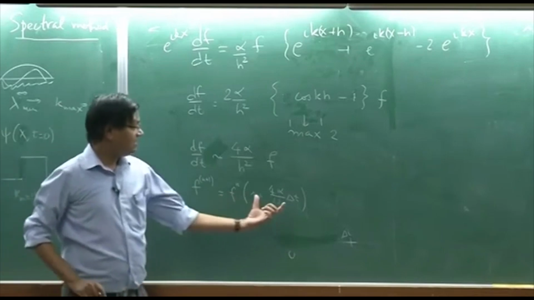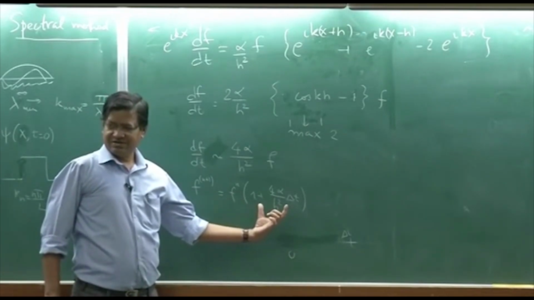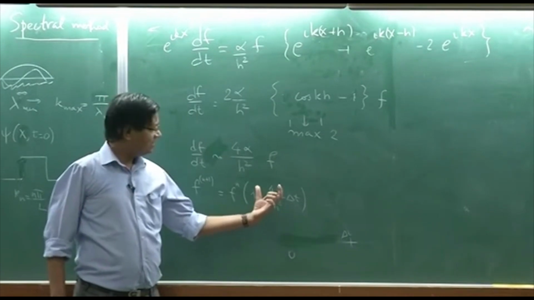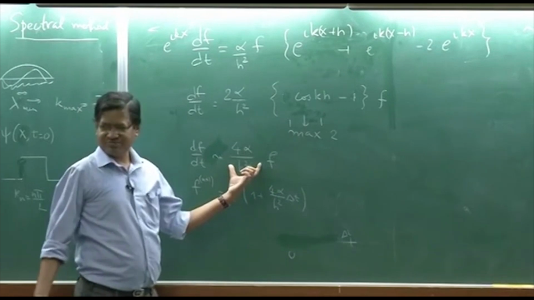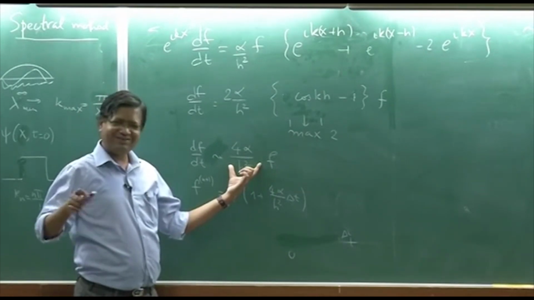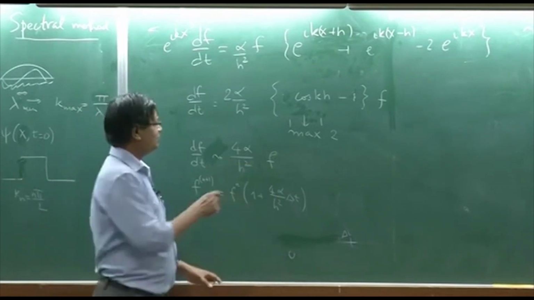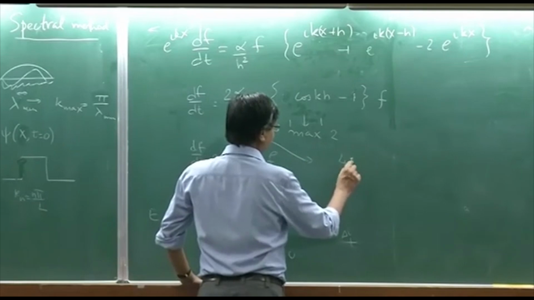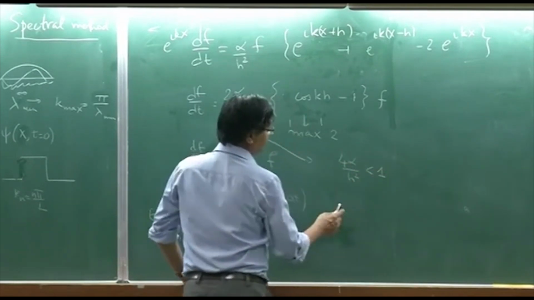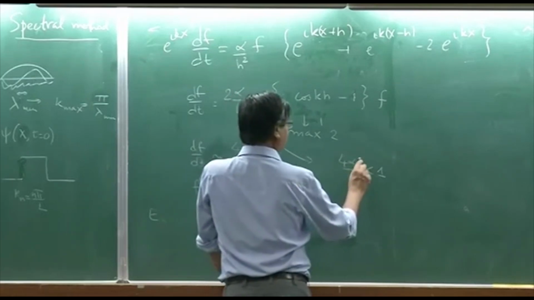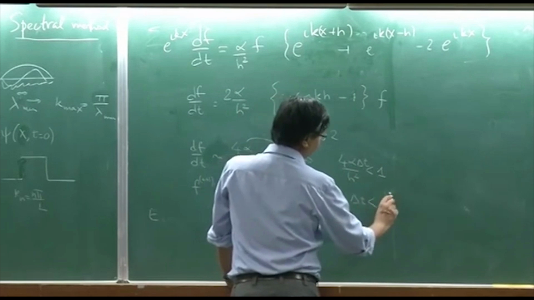Okay, so for this to be stable, when is it stable? I want this condition to be less than 1, order 1. If it is bigger than 1, then all hell will break loose. So this quantity must be less than 1, so that delta t must be less than h squared by 4 alpha.